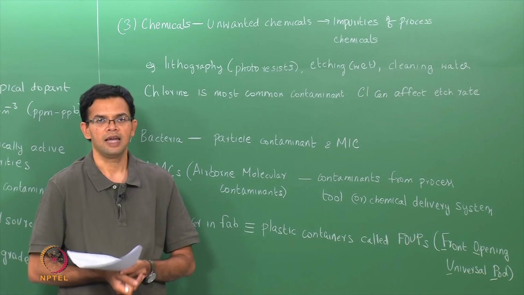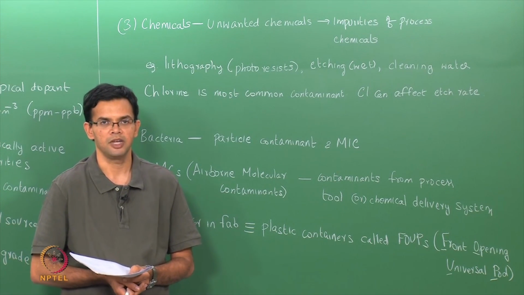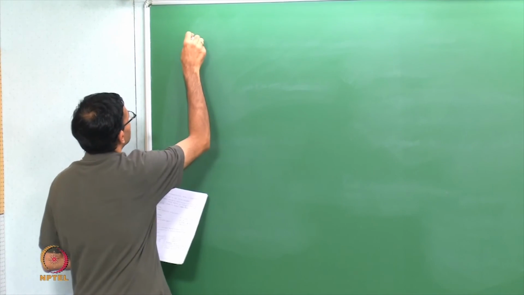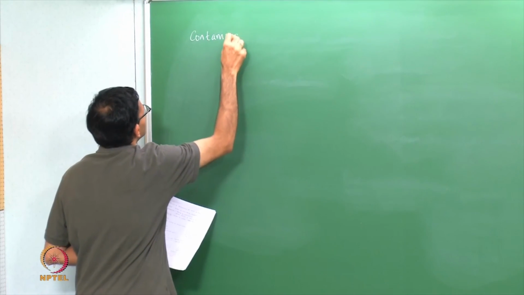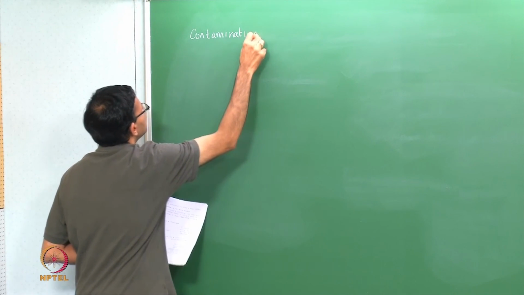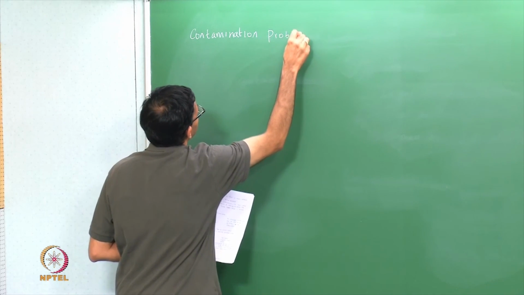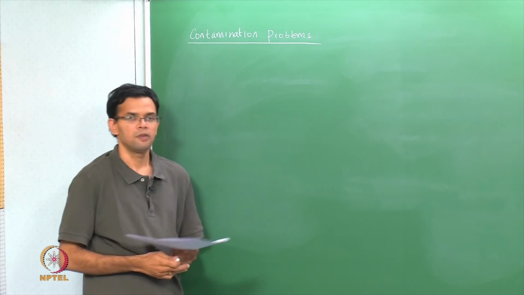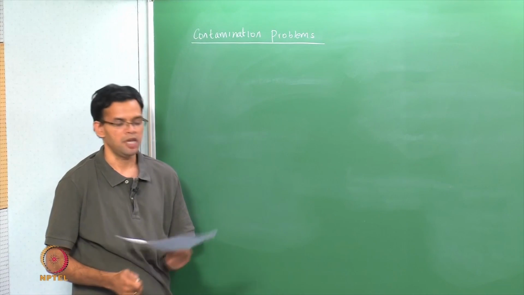So, what does contamination essentially affect? So, we look at some of the issues of contamination. So, we look at contamination problems, or why is it essentially bad. The presence of contaminants in your device can have three major effects.